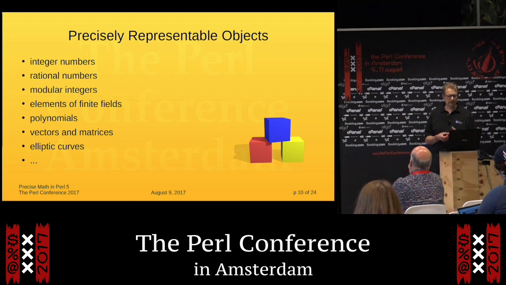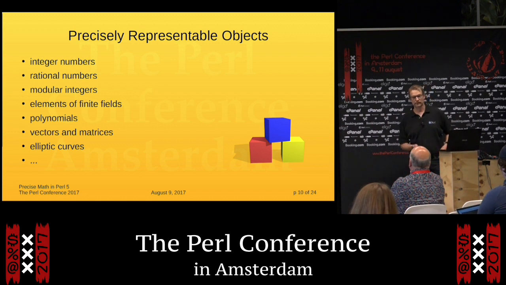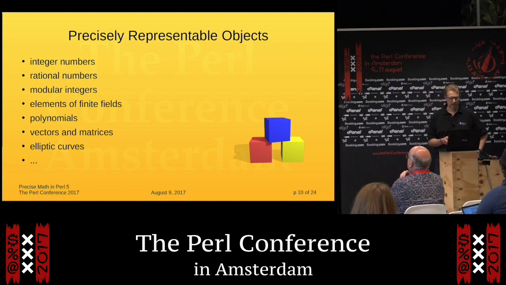So what kinds of mathematical objects are precisely representable? For one thing, there are integer and rational numbers, for lack of rounding errors, where computers can deal with them without introducing errors just through rounding, because there aren't.